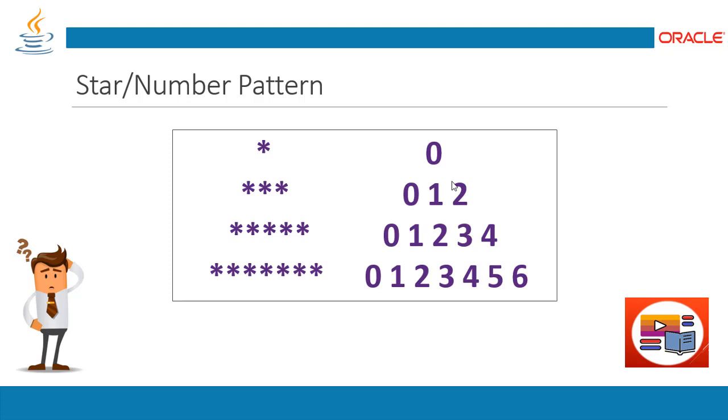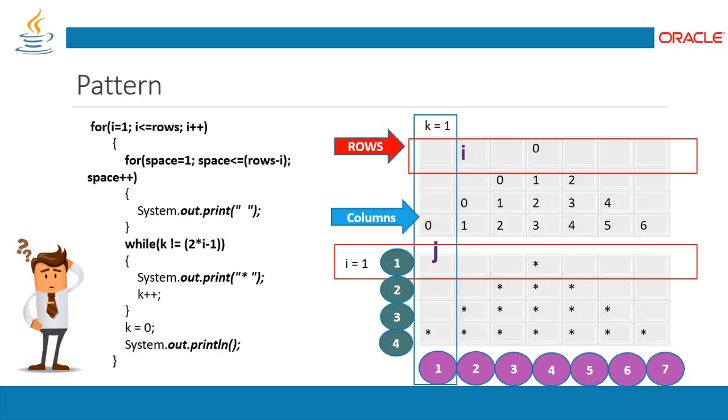So, star number pattern. Let's take an example of this pyramid display and see how we can create a logic and implement this type of problem. First thing, we have to fill up the space of this particular pattern and make it complete in an axis form.